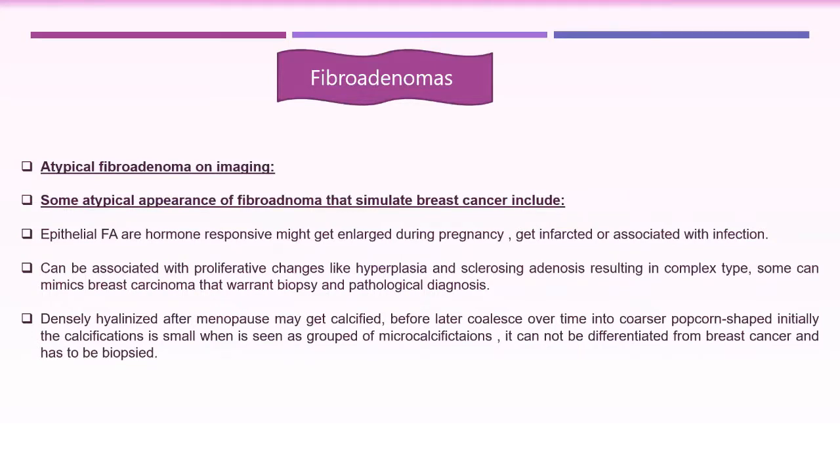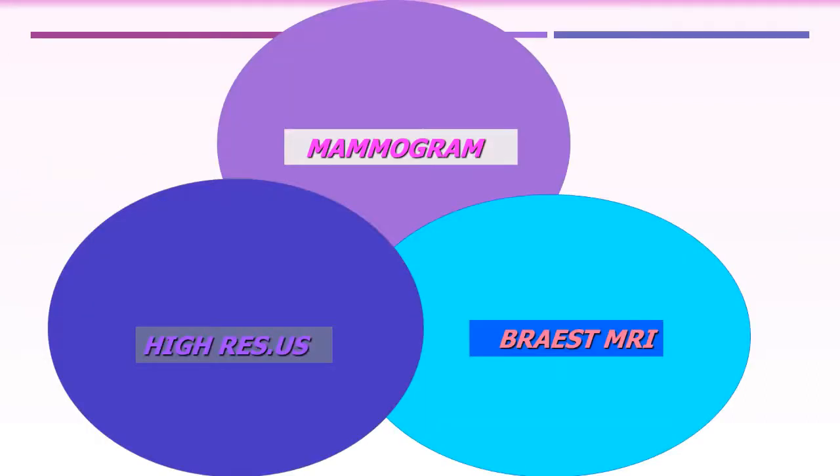In this case also it has to be excised when it becomes complex. And when it is getting hyalinized, it will be irregular, simulating breast cancer, and early on, in a baseline study, we cannot differentiate it. We have to do biopsy for confirmation, especially if it's associated with microcalcifications before getting the typical popcorn type of calcification of hyalinized fibroadenoma. Okay.